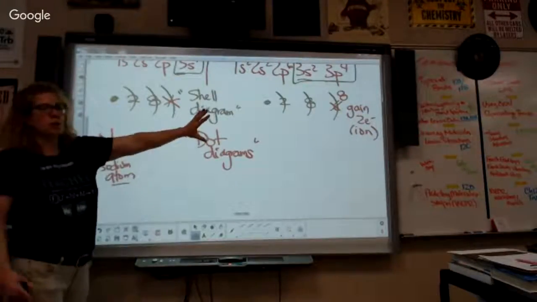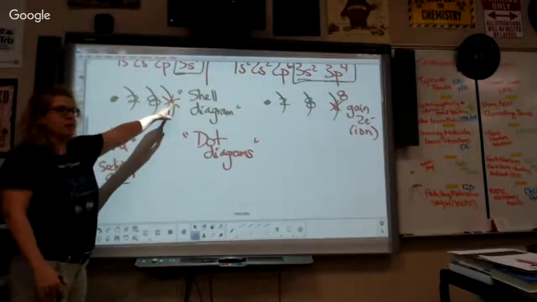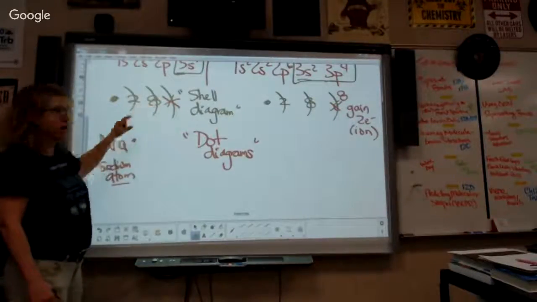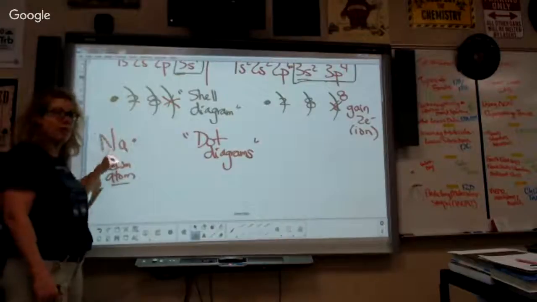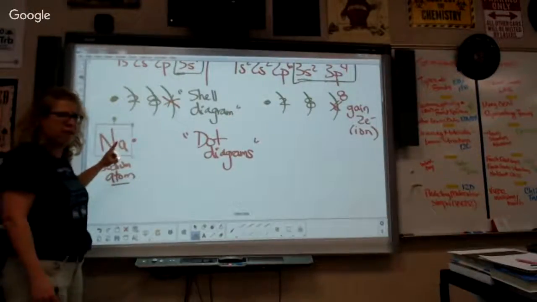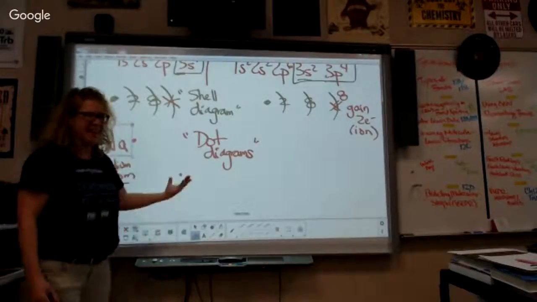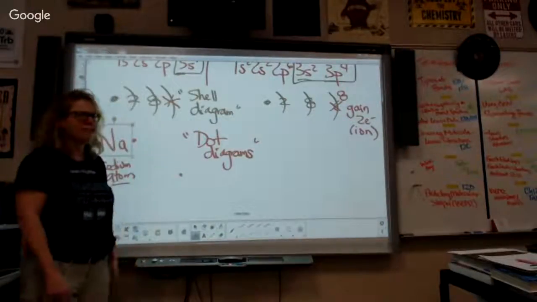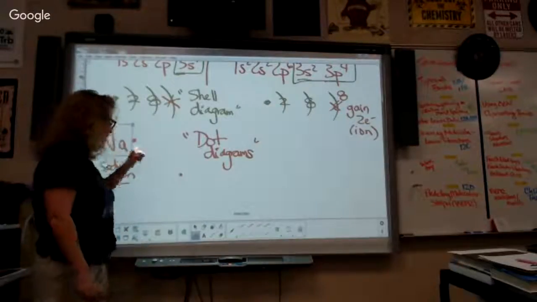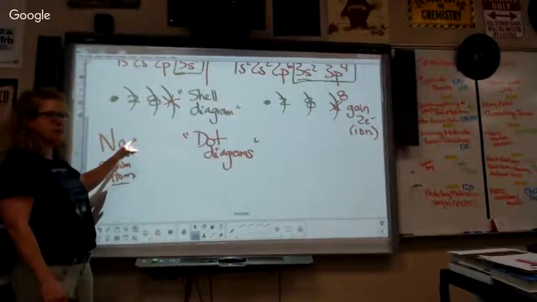I'll show you what the rules are for putting the dots on in a second, because there was one dot for that one valence electron. I don't care about the core electrons at all. Yes, you have to put the symbol for it, because I need to know what element it was. Otherwise, it's just a dot. What's that? I don't know. Sodium? Really? Sure. Maybe it's lithium. Hydrogen? I don't know. So we've got to put the symbol in there, and then the one dot for the one valence electron.